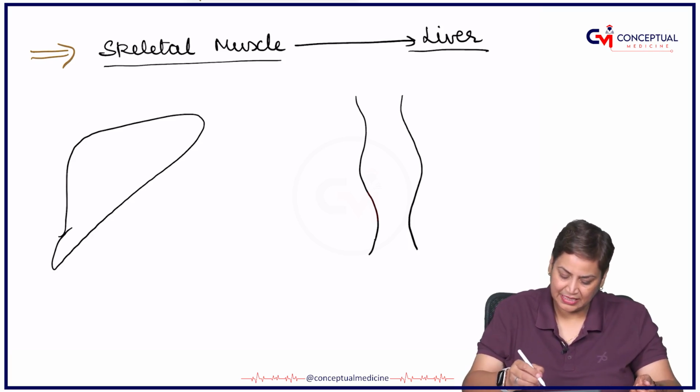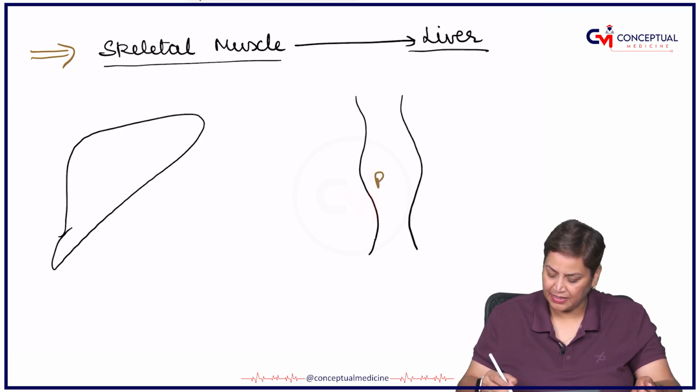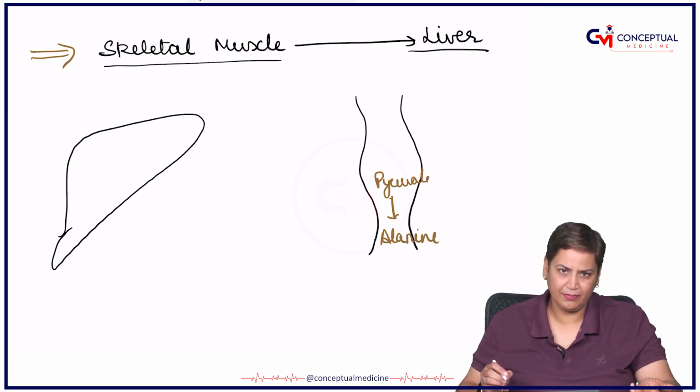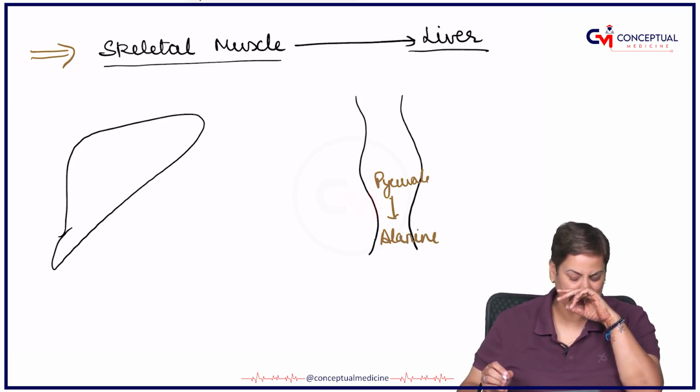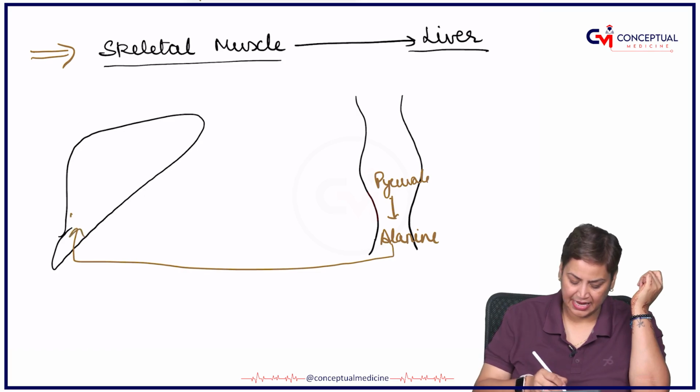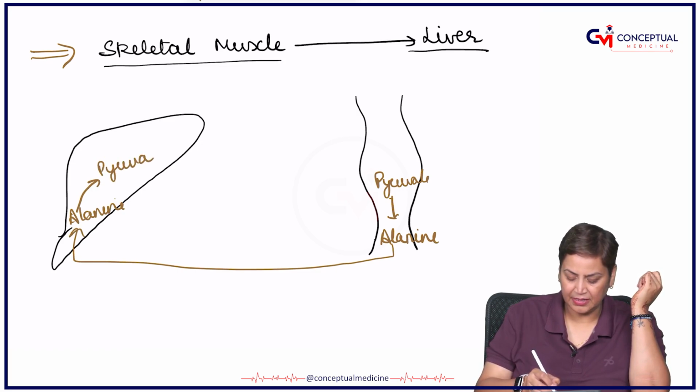We can simply say that pyruvate is being converted into alanine by a reaction we have already discussed. Alanine and pyruvate are basically a amino acid and a keto acid. So this alanine will enter the liver, where it will be converted back to pyruvate, releasing this ammonia.